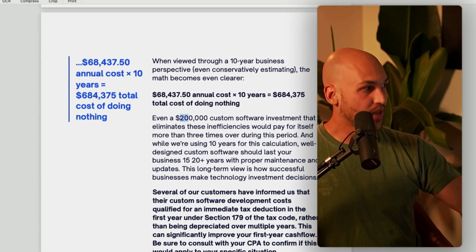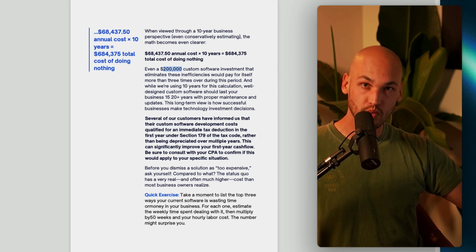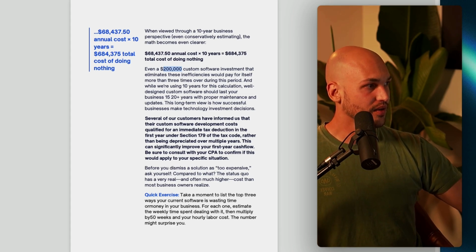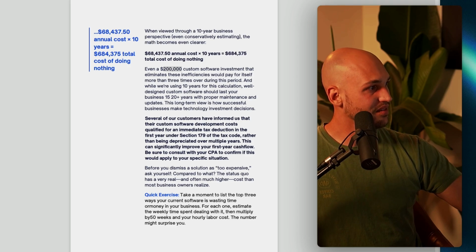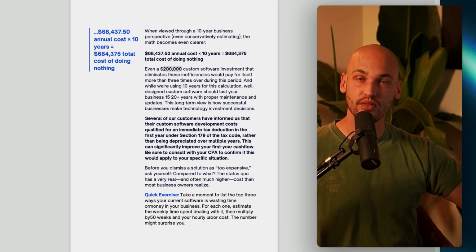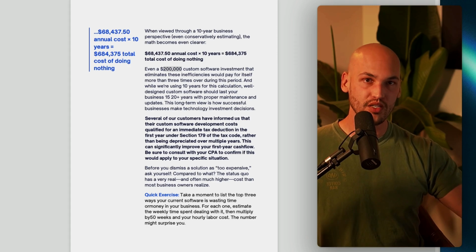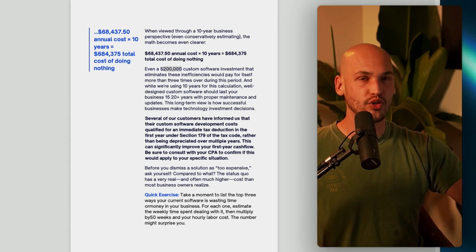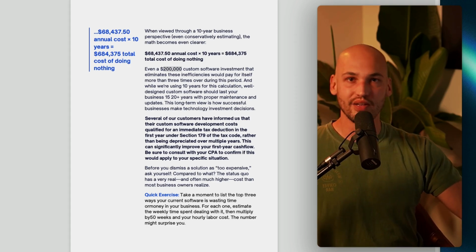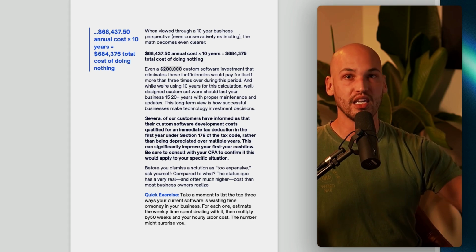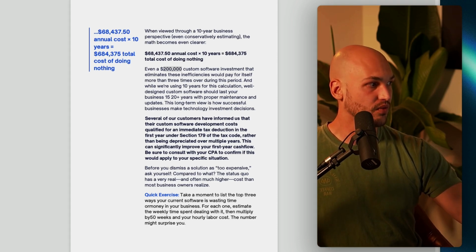That means that if we pay 200 grand in year one for a piece of custom software, we're going to see a break-even point in 3.5 years? So within 3.5, 4 years. And for most of our clients in the math that we do, that's about right. Around 2.5 to 3.5 years is usually when you'll see the break-even point when you're building something fully custom.